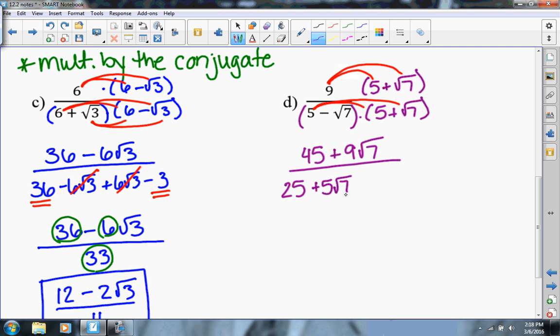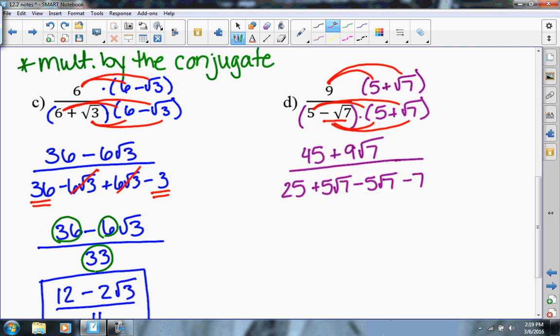And then the other part of my distribution in the denominator is to do the negative square root 7 times the 5, and then the negative square root 7 times the square root 7. So I'll have minus 5 square root 7, because again, I want to write that whole number in front. And then square root 7 times square root 7 is the square root of 49, which is 7. So that'll be minus 7.